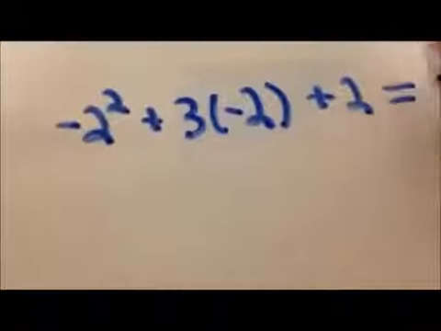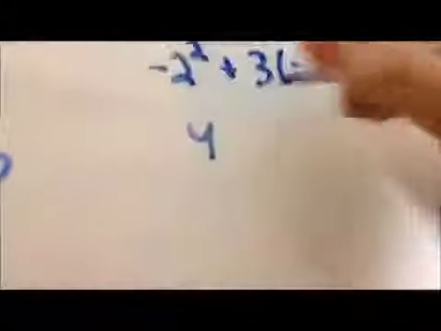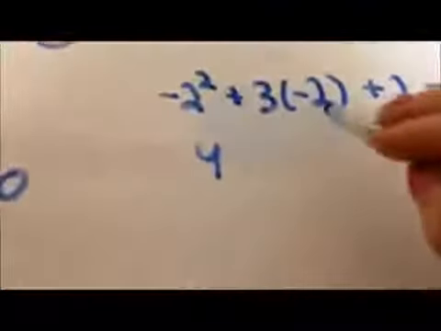So negative 2 squared plus 3 times negative 2 plus 2 equals 0. Alright, so negative 2 squared is going to give us 4 plus 3 times negative 2, which is plus negative 6 plus 2 equals 0.